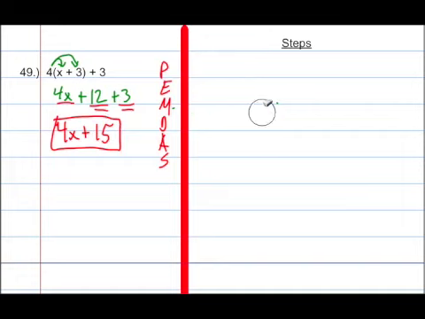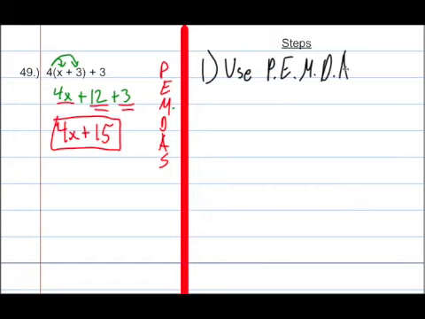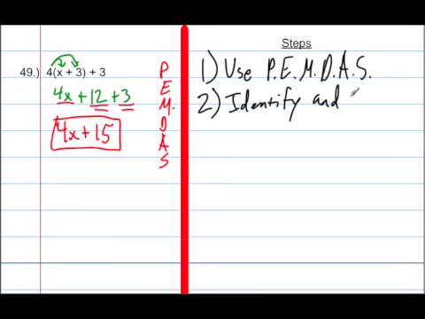So let me move this. Let's go over our steps. First, make sure you're copying this. Use PEMDAS. Okay, for the second one, you're going to want to identify and combine like terms. Okay?